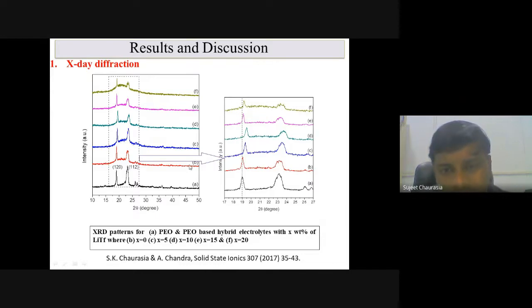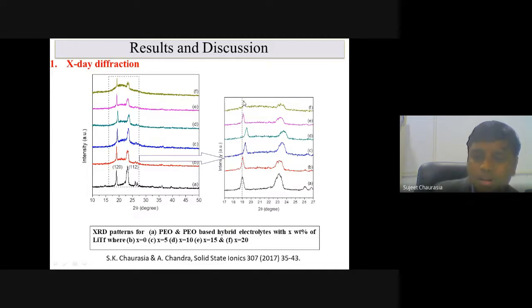We can also see that the peak appearing at 19 degrees is slightly shifted in the hybrid electrolyte. This shifting may possibly occur due to partial structural modification in the structure of the pure polymer matrix PEO.